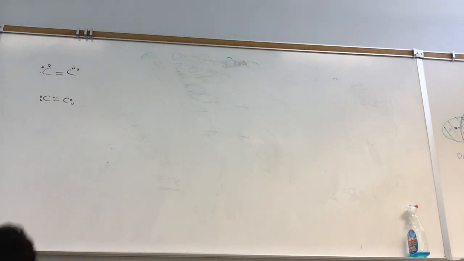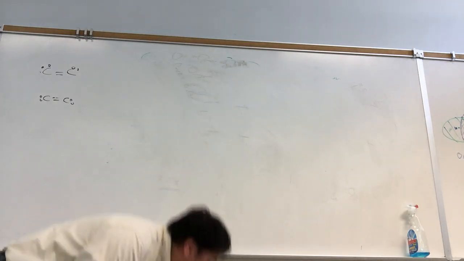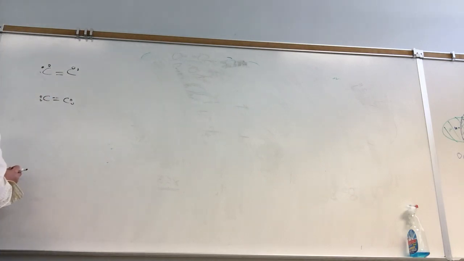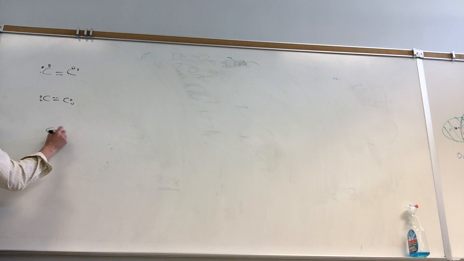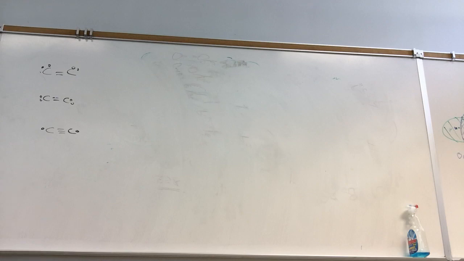And then it doesn't quite have an octet, and so I'd like to triple bond it. Just go ahead and do a triple here, something like that. But this creates a free radical here.